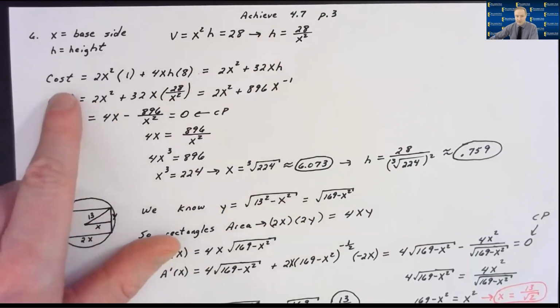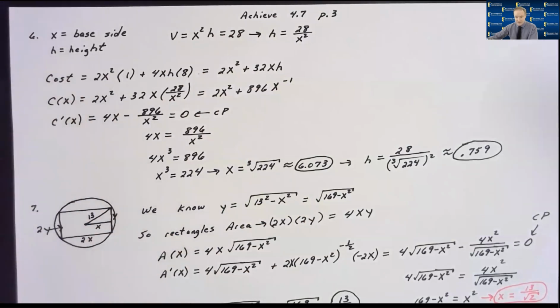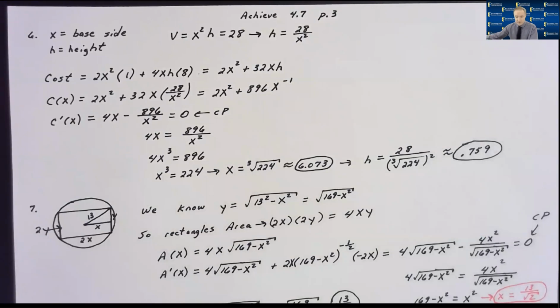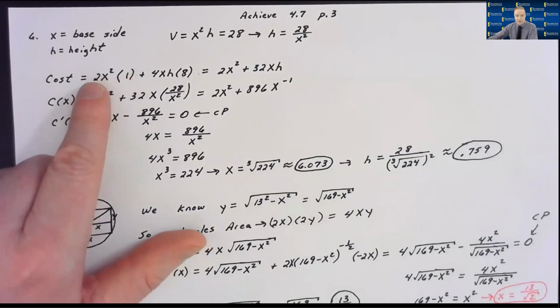Now I go to my cost function. I know the general formula for the surface area of a rectangular solid with a square base. We did that in the last problem. That's 2x squared plus 4xh. Well, for each of those square centimeters of area, you have to multiply by the cost.